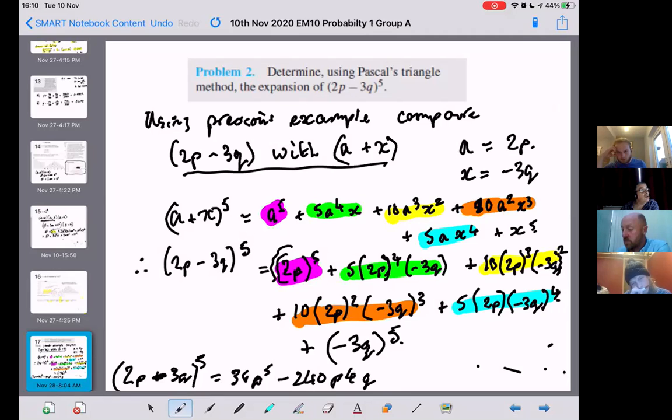Let me write it out, and then I'll show you where it comes from. Then plus 720 p to the 3 q to the 2, plus, that's minus now, minus 1080, running out of space as well, p squared q cubed.